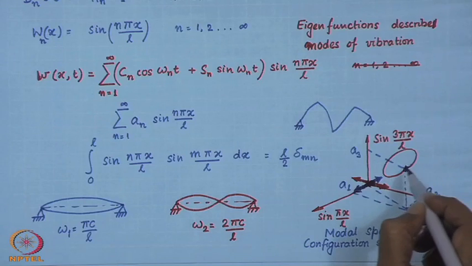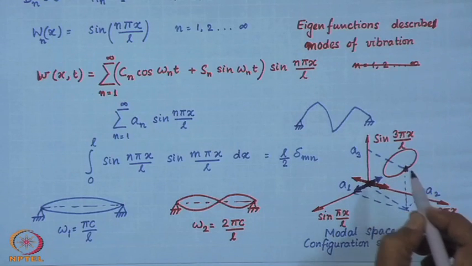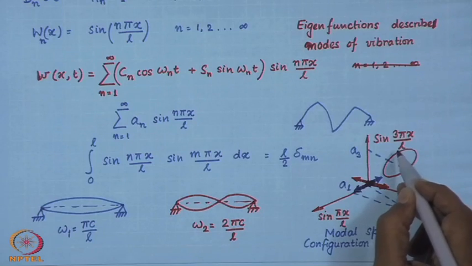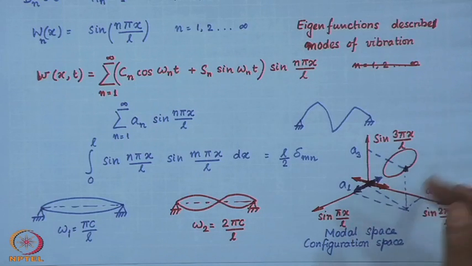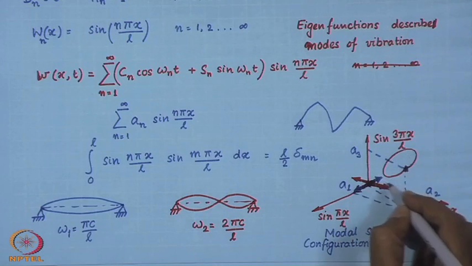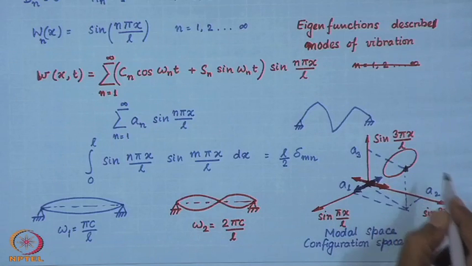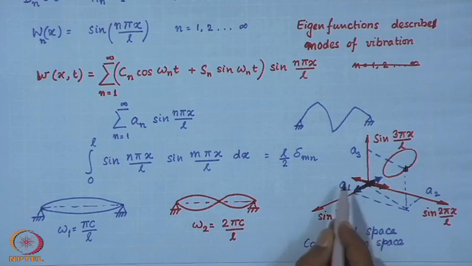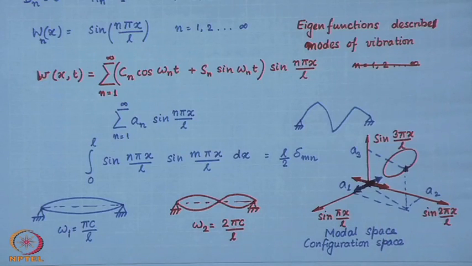In this space the configuration of a string at any time instant is represented by a point, and when it moves from one configuration to the other, it is nothing but the motion of this point in this space. And we have seen that the elemental motion, or the motion along these axes, represents the modal solution.